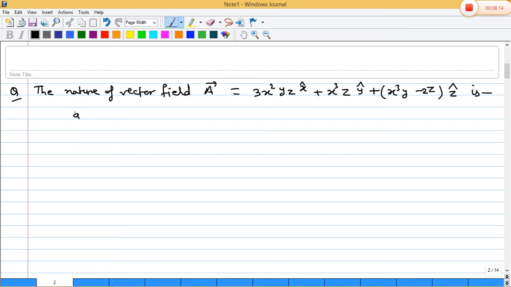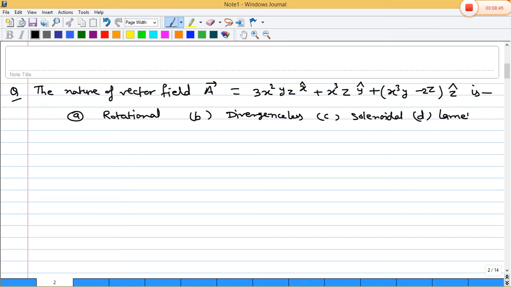So the options are: A, is this field irrotational, B divergenceless, C solenoidal, because solenoidal and divergenceless are the same, no problem, and D lamellar.